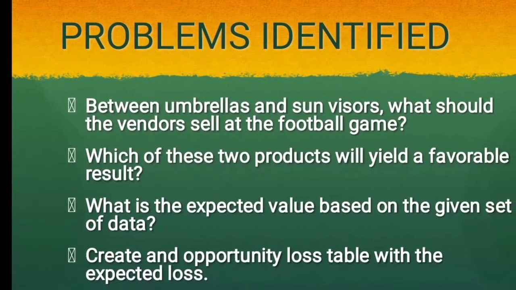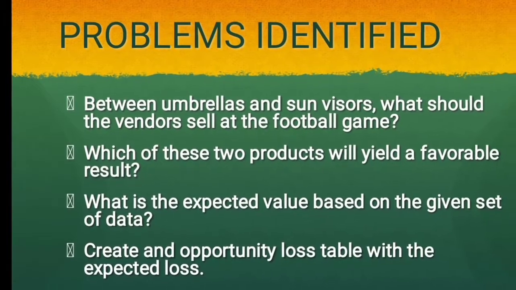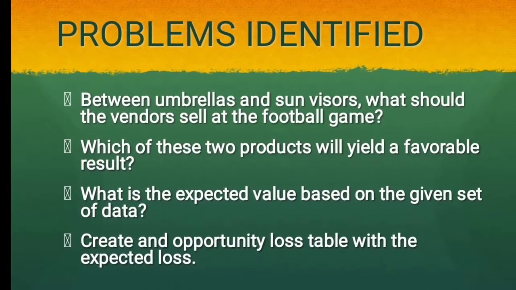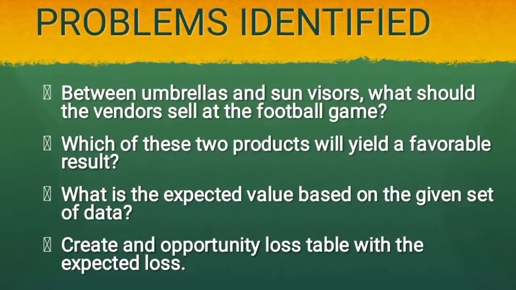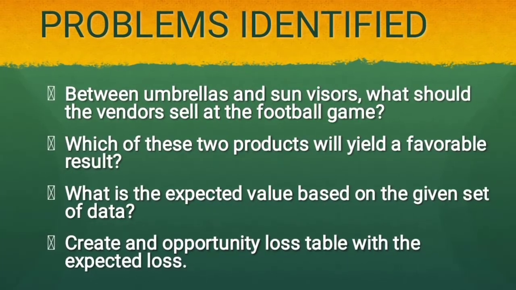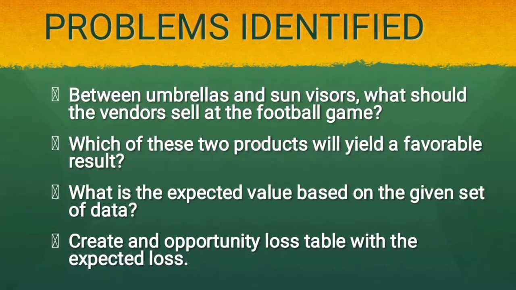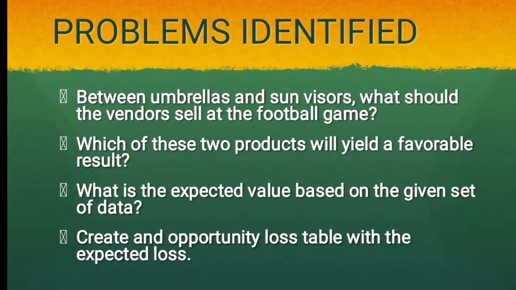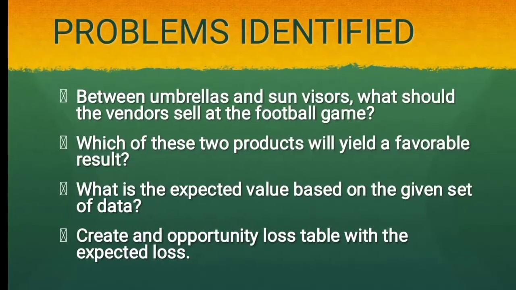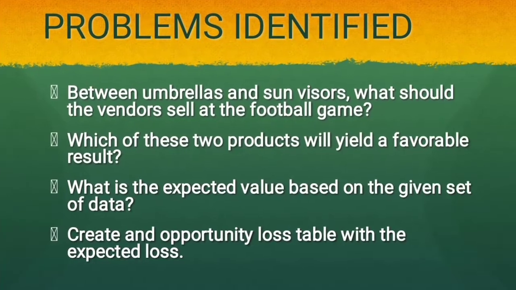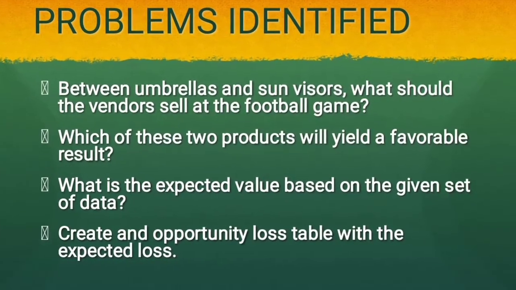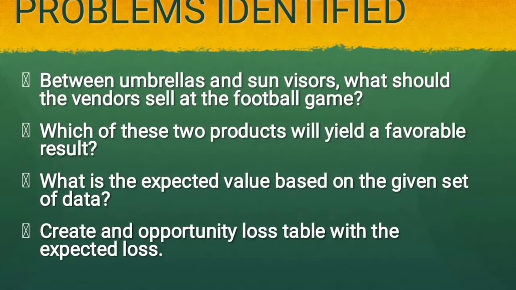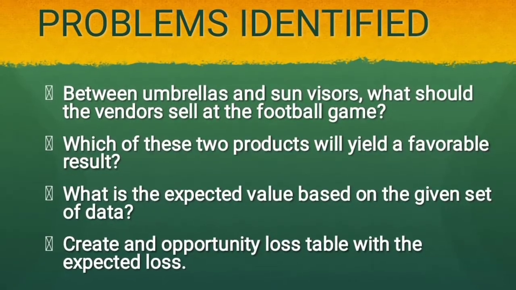However, before we say the criteria, the concepts, or the models assigned to these problems, we are first going to tell you the problems identified by myself and my pair.